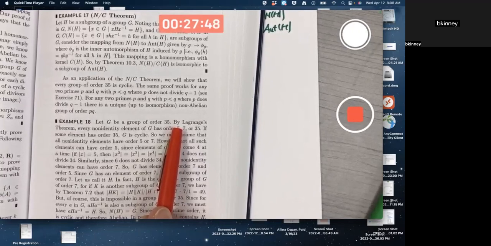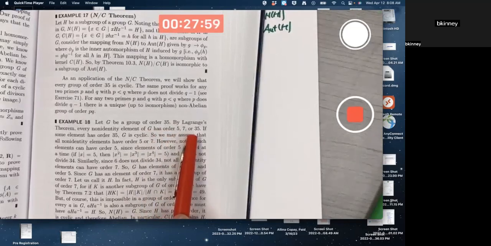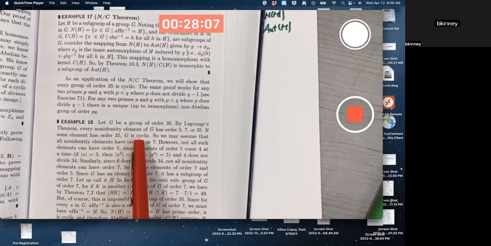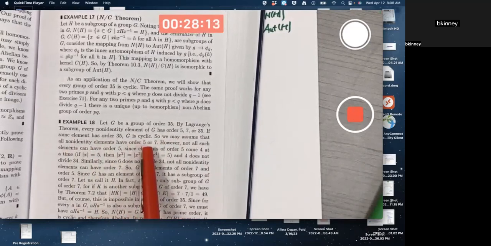Assume to the contrary it's not cyclic and get some sort of contradiction. By Lagrange's theorem, we do know every non-identity element has order 5, 7, or 35. Lagrange's theorem, fundamental thing to use here. If it's got some element of order 35, it's got to be cyclic. So for the purpose of getting a contradiction, we may assume that all non-identity elements have order 5 or 7.